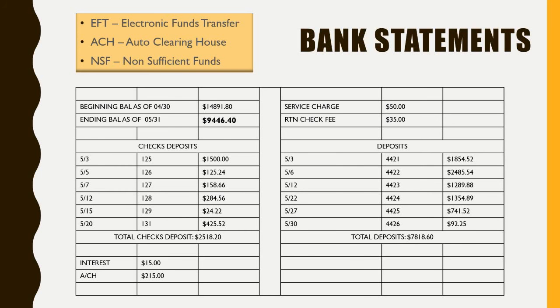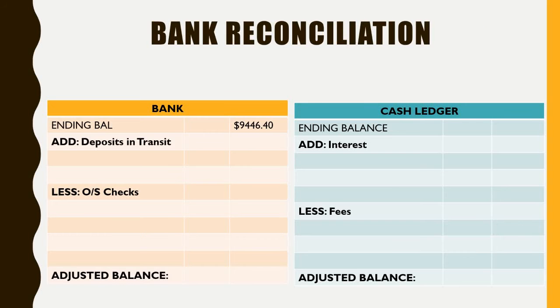So then here you go. My ending balance is $9,446.40. So I'm going to pop that number in there, okay? First thing I'm going to recognize is what are my deposits in transit? So what is the money that's supposed to be coming in to the bank? Okay, so let's take a look.